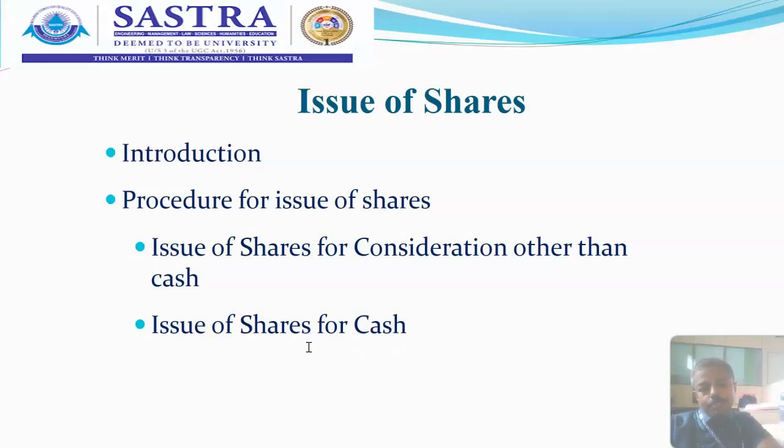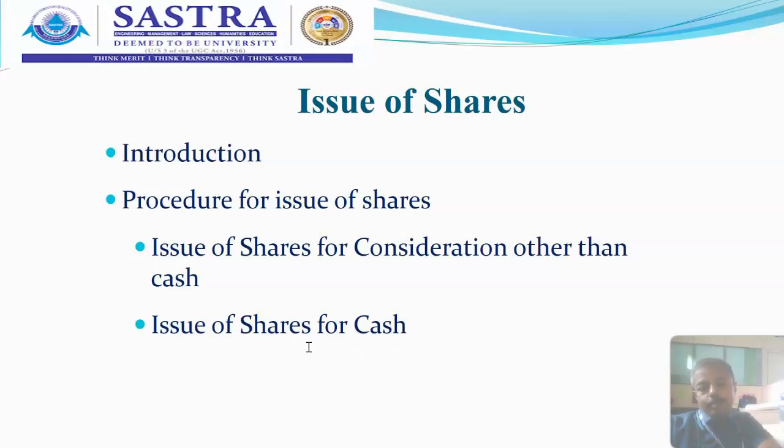Please make a note. If the company makes more than one call, the same accounting treatment is followed for recording the second and third call money due and their receipt too. The last call is what we call the final call.